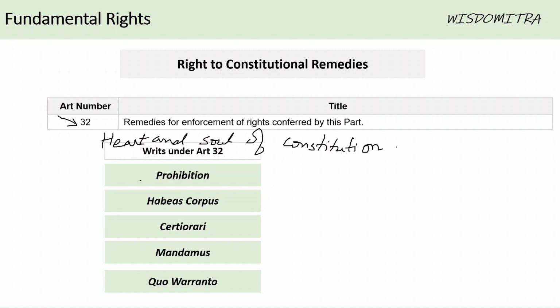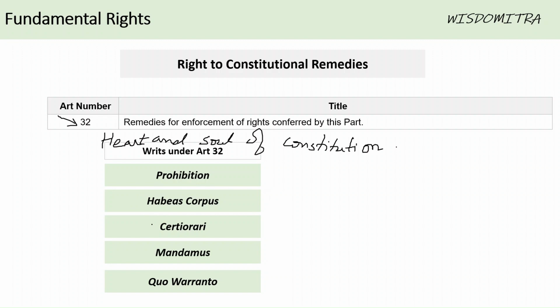Habeas corpus literally means produce the body. It is a way through which the Supreme Court asks the authorities to present a person who has been detained, so as to ensure whether this person's detention is valid under law or not.